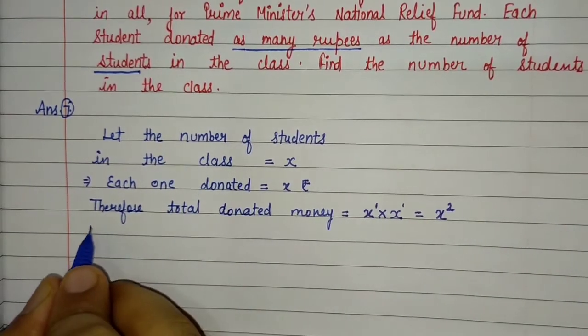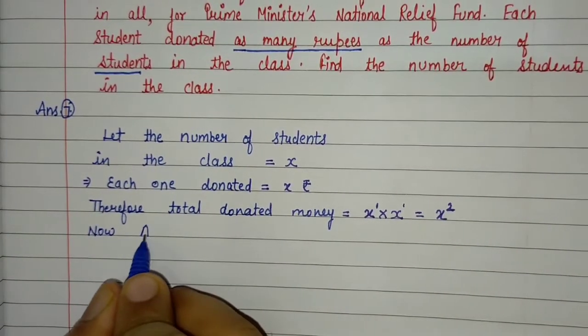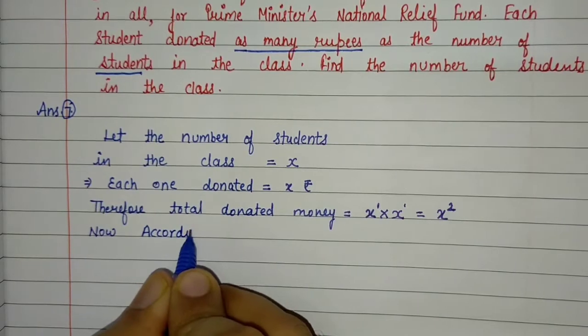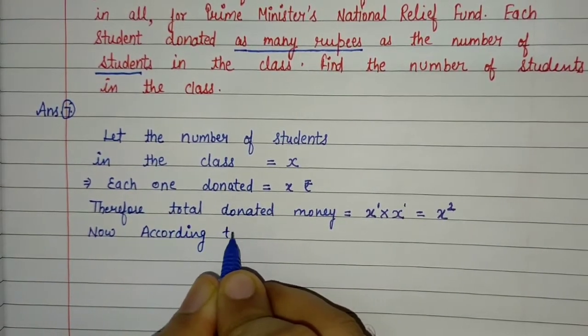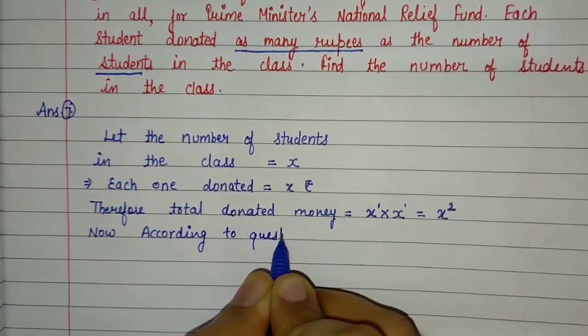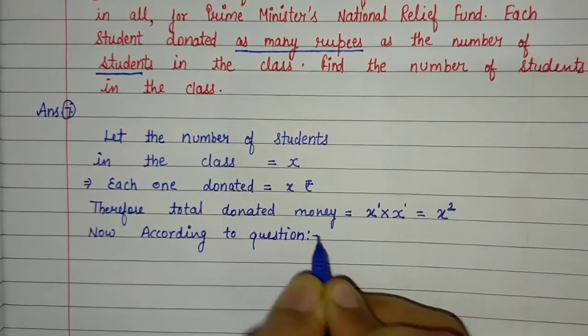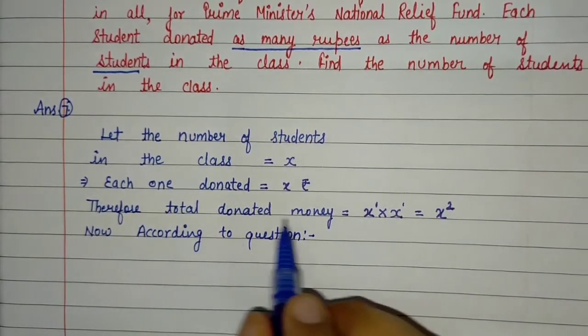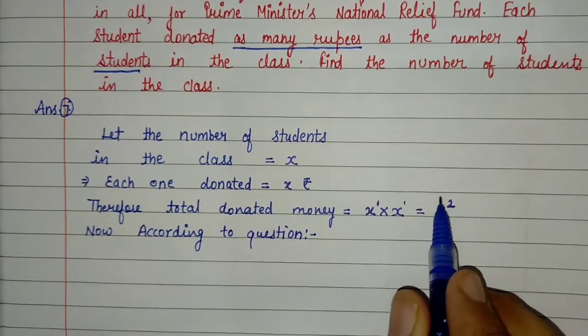Now according to the question, the total donated money is given as 2401. But our total donated money is x square.